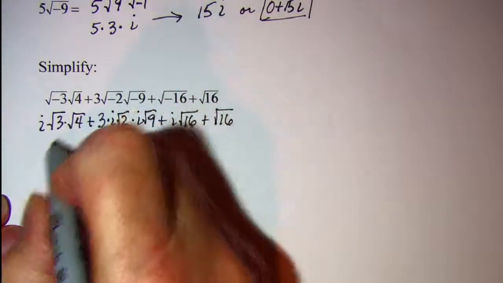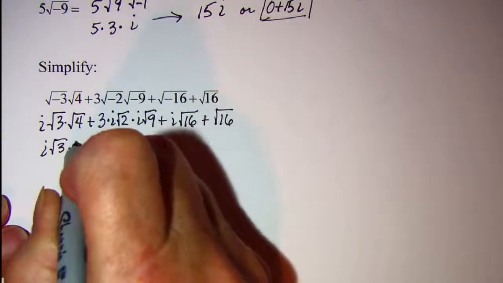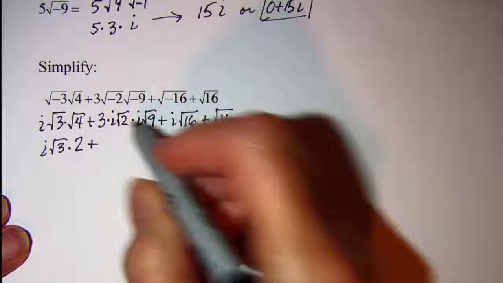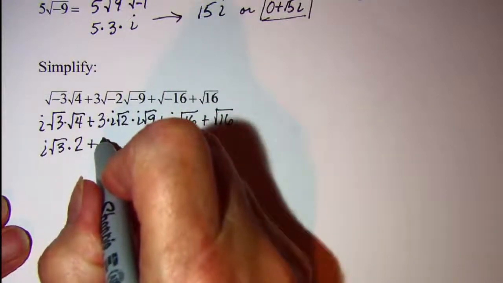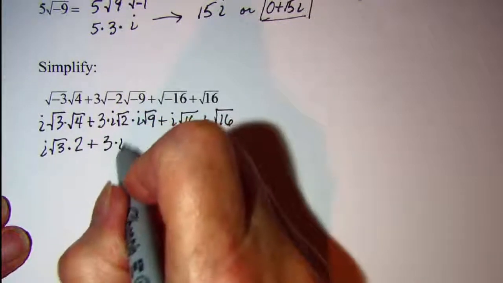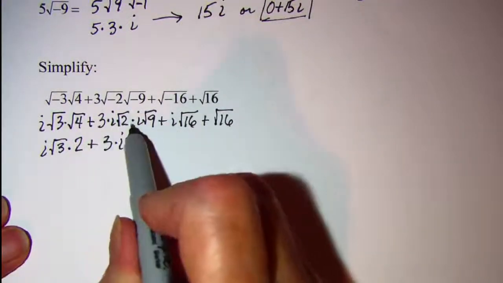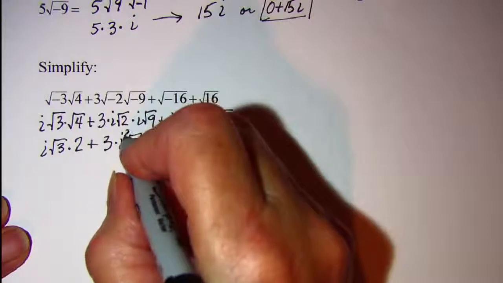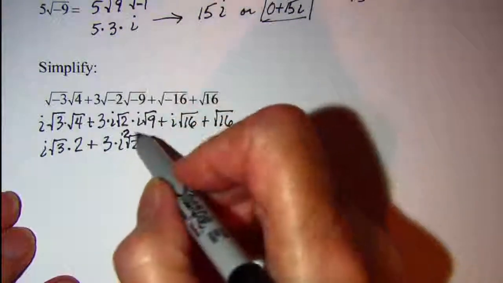And now let's simplify the radicals that I can. I have i times root 3 times 2, and then this is 3 times i root 2, and I have actually i times i, so let's make this an i squared, and we'll change that in a minute.